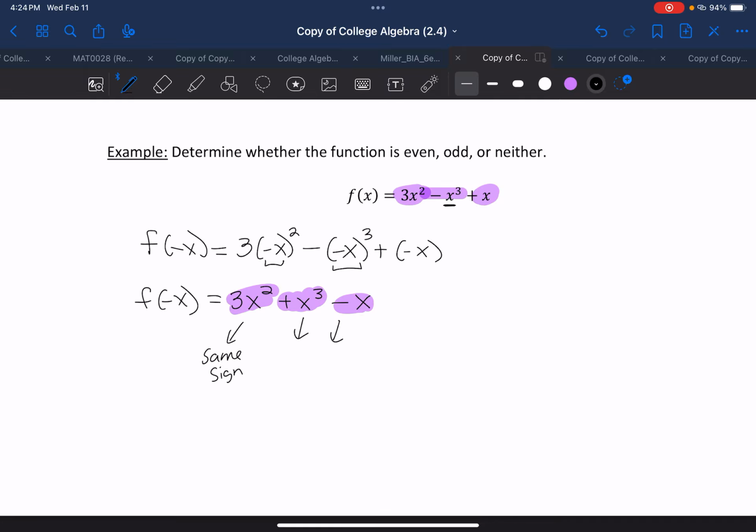So both of these are different signs. So it's neither, because not all the signs are exactly the same, and it's not the exact same function, and they're not all opposite signs. So this is neither.